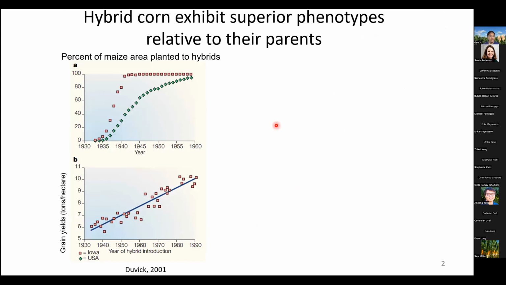In the US, farmers started planting hybrid corn in the 1930s, and about 100% of the cornfields were planted with hybrid corn by the 1960s. With the introduction of hybrids, grain yields increased dramatically over the last decades.